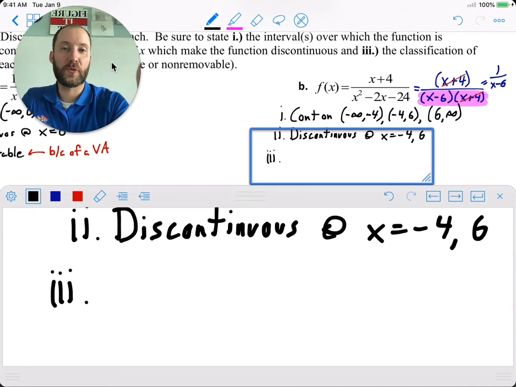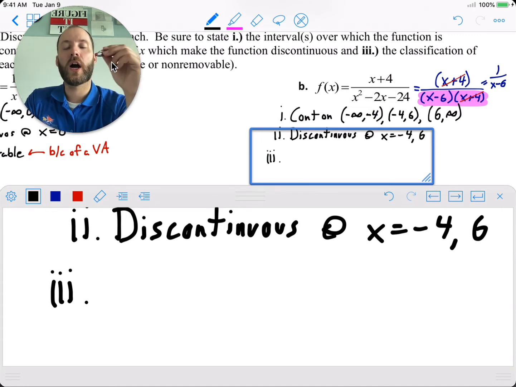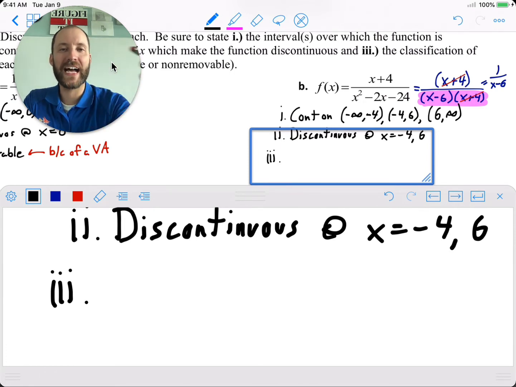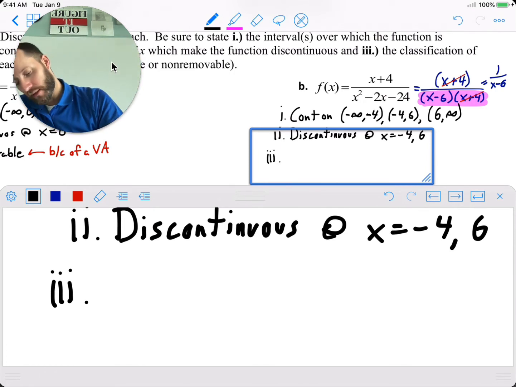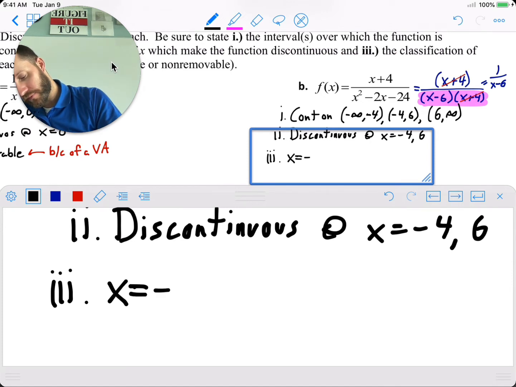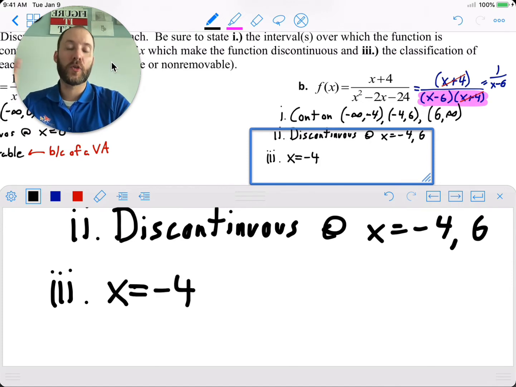So now step 3, for each of those, are they removable or non-removable? So x equals -4 corresponds to the factor we could cancel out, the factor we could quite literally remove.